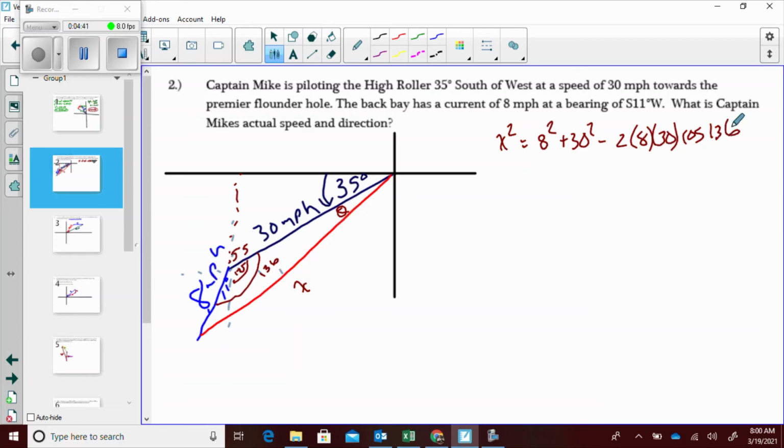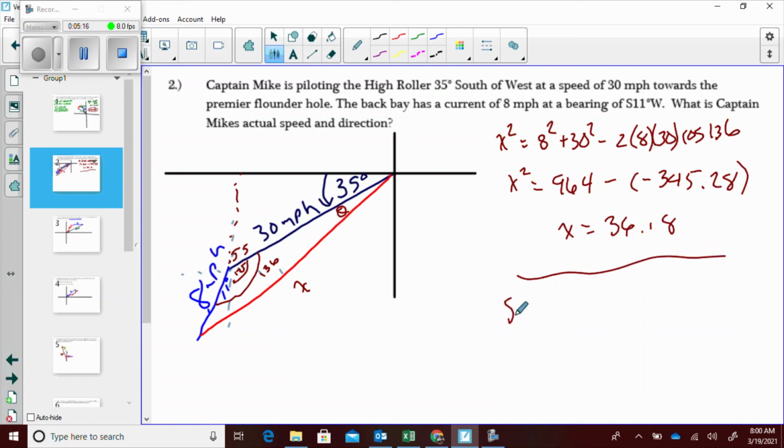So let's see that. 8 squared plus 30 squared. X squared is 964 minus 16 times 30 times the cosine of 136. Negative 345.28. So that's going to actually be an addition, right? Let's move on. 36.18.